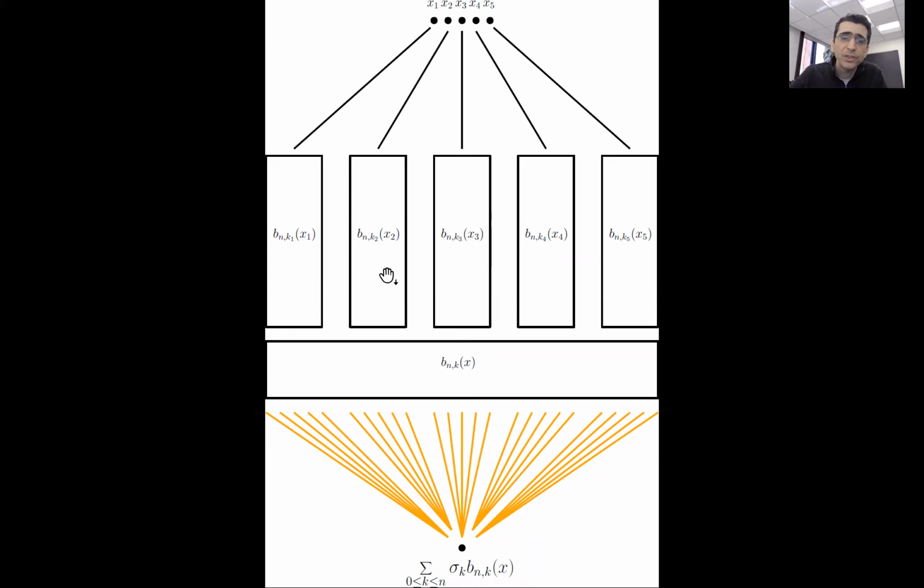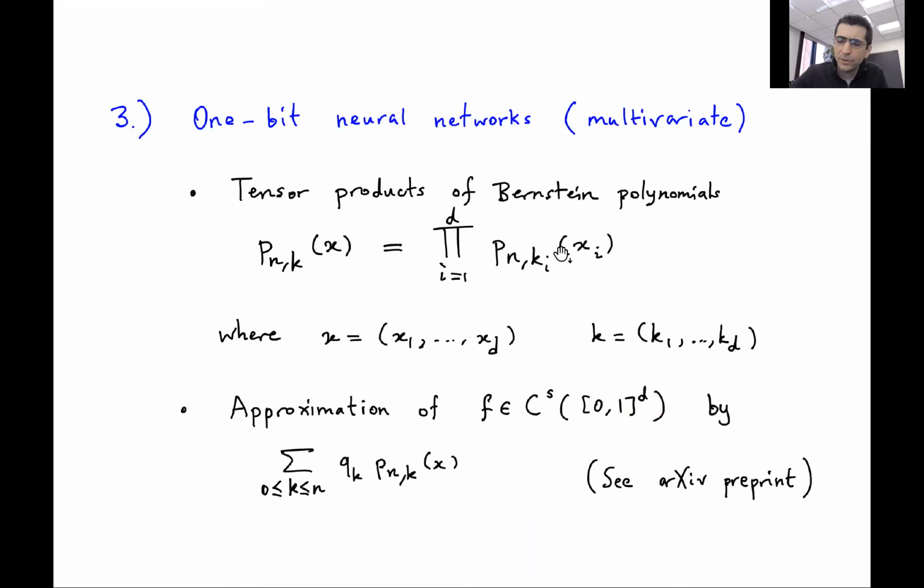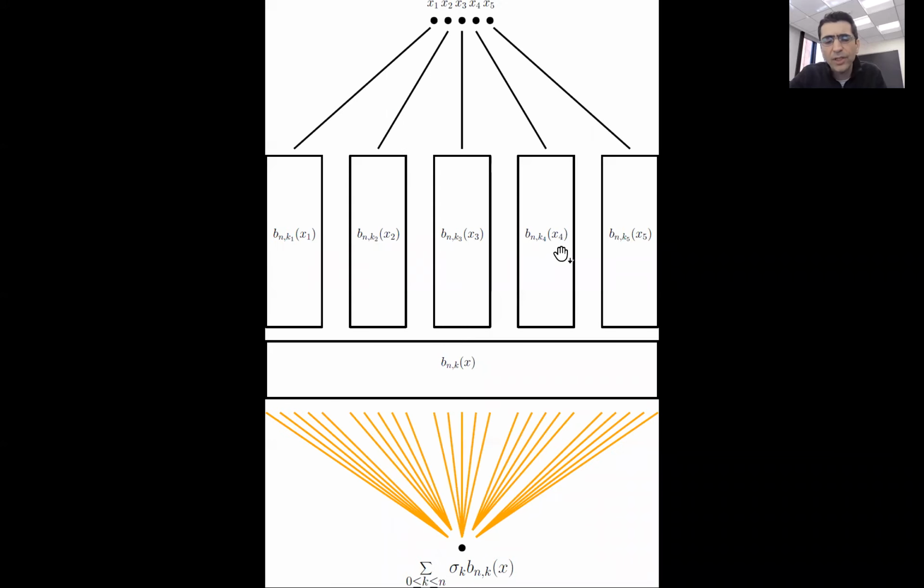We know that we can do this with a fixed architecture, and then we multiply them to form this new basis. And then we know that if we can come up with an approximation result using these tensor bases, then this will be implementable as a neural network with coefficients only plus and minus one.